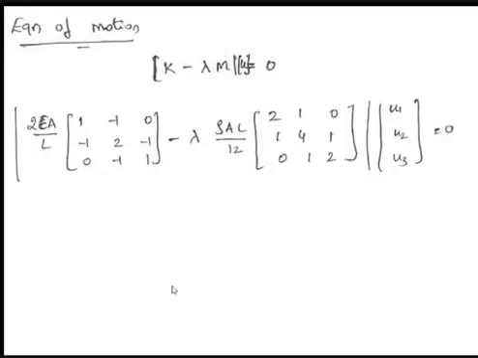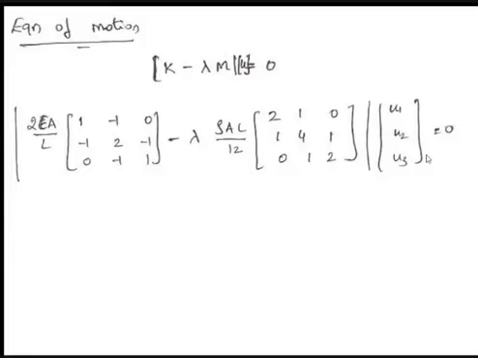I know the k value, it is EA by L, 1 minus 1, 0, minus 1, 2, minus 1, 0, minus 1, 1, minus lambda into rho AL by 12, 2, 1, 0, 1, 4, 1, 0, 1, 2, times U1, U2, U3 is equal to 0.